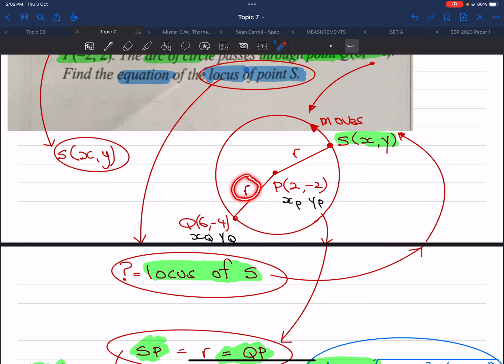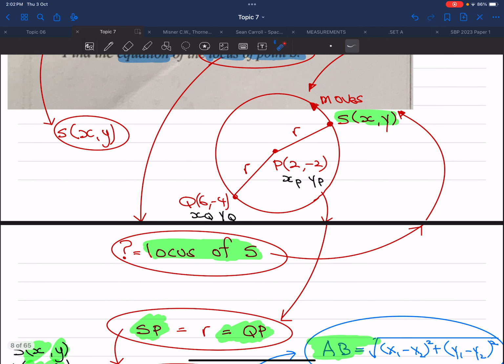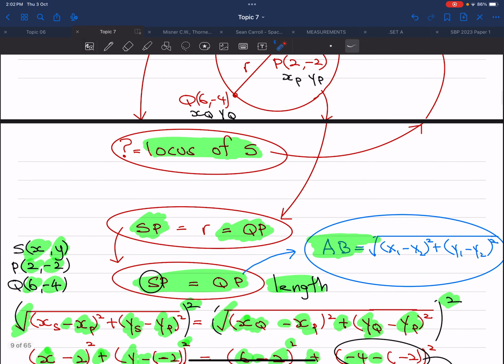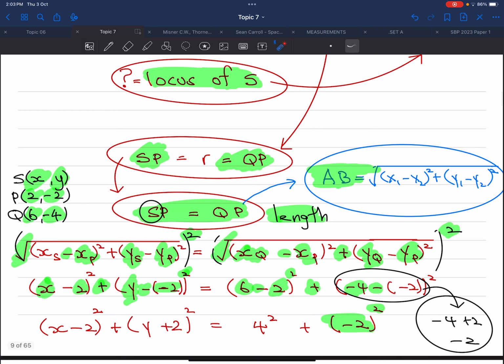I label as R. So from here, of course, the radius R and R must be the same because it is a circle. That means the SP radius is the same as the QP radius. So now SP equals QP.